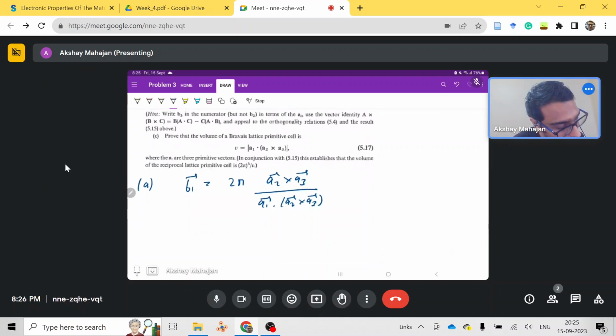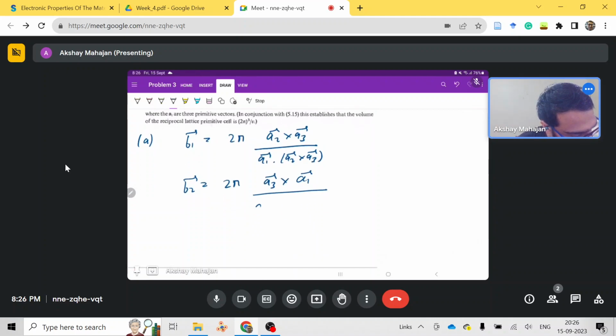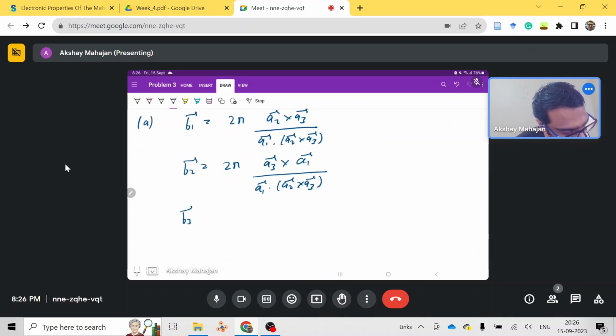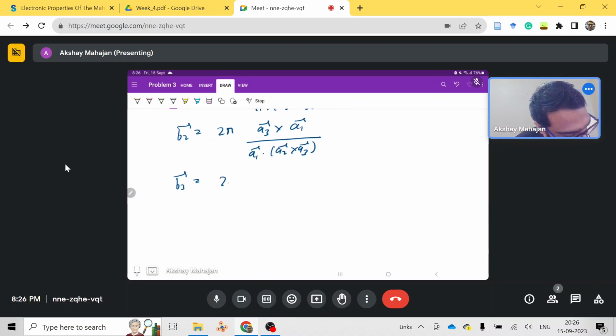Then we have the b2 vector equals 2 pi times e3 vector cross e1 vector divided by e1 vector dot e2 vector cross e3 vector, and the b3 vector equals 2 pi times e1 vector cross e2 vector divided by e1 vector dot e2 vector cross e3 vector.